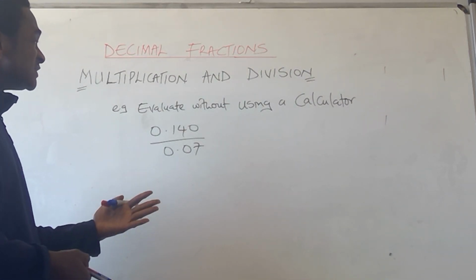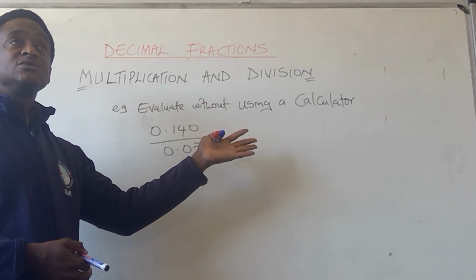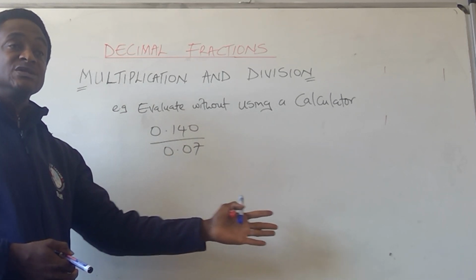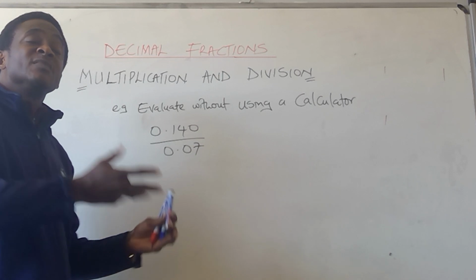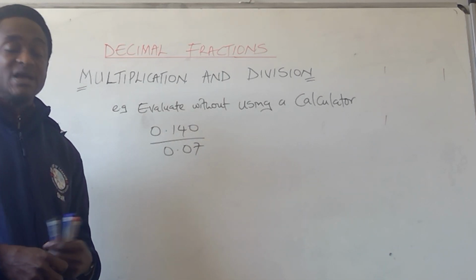What we do to balance it is, for the numerator, the number of decimal places we take out must be equal to the number of decimal places we take out in the denominator. When we even it out and divide, whatever we have is our answer. There's no need to take back anything.